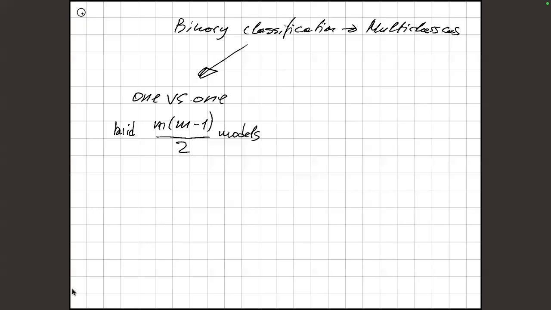And then you have a voting strategy. For each sample, you fill in a table.